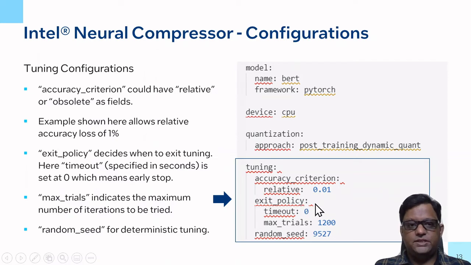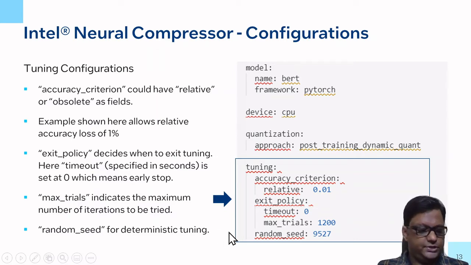The exit policy determines when to stop the tuning. Here, timeout 0 indicates that we want to stop early, and max trials indicates how many loops it has to try out till it finds the best configuration, right? It also sets the random seed to ensure that you have deterministic tuning happening in your loops. So that's what these configurations mean.